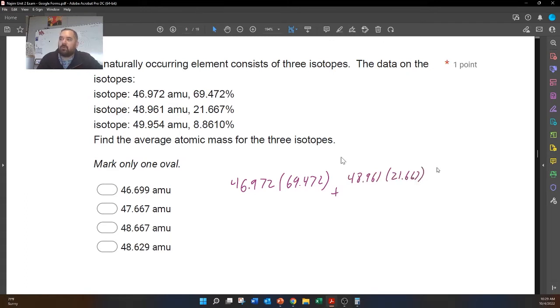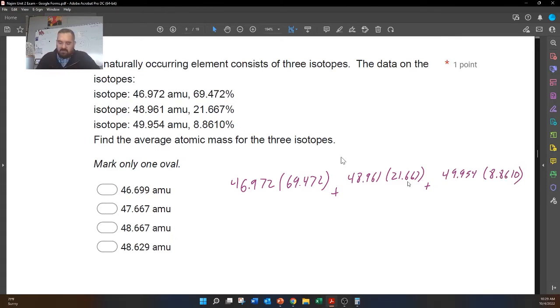And you're going to see 4 questions just like this on the test, so be ready for these. And then plus 49.954 times 8.8610. So I'm going to plug these into my other calculator just because it's a little bit faster.